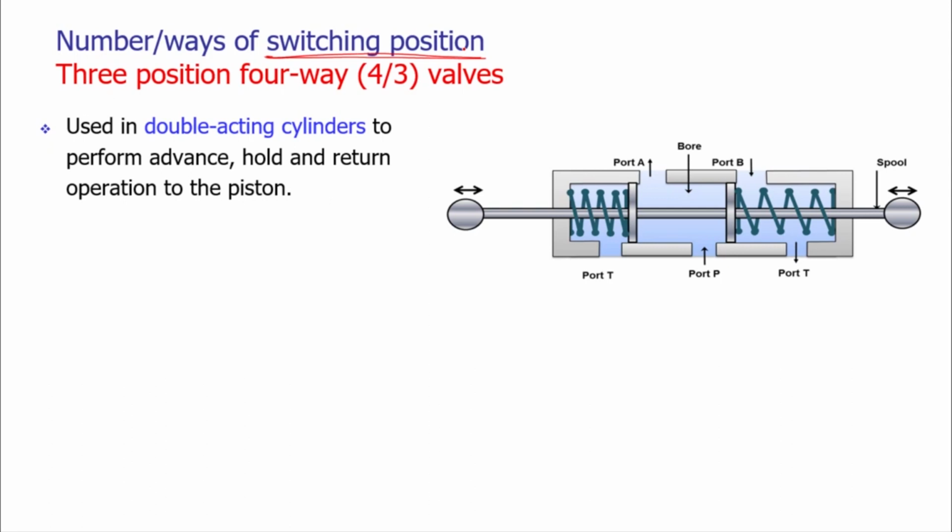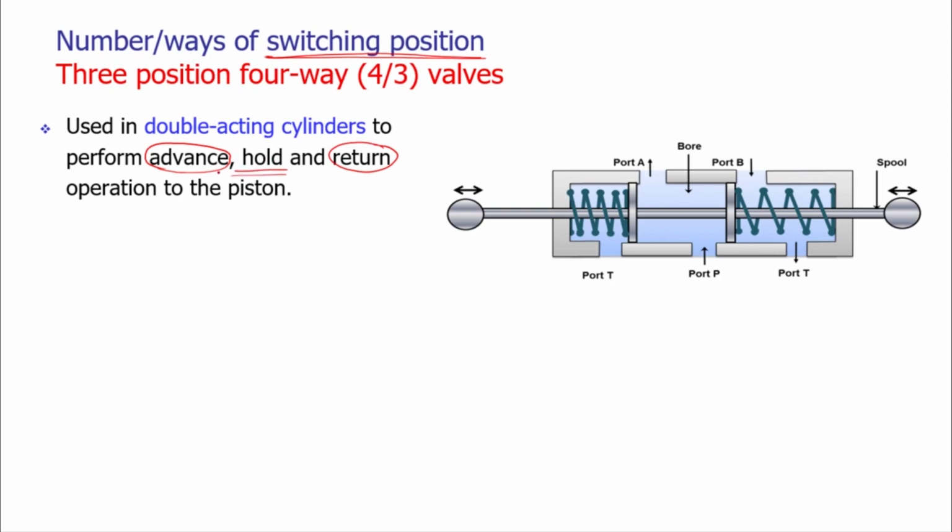To operate a double acting cylinder, fundamentally we need to carry out 3 different applications: the extension of the actuating cylinder, and the retraction of the actuating cylinder, that is advance and return, and holding the cylinder at its own position.